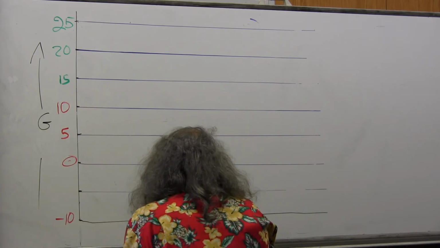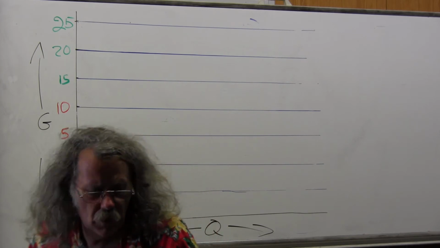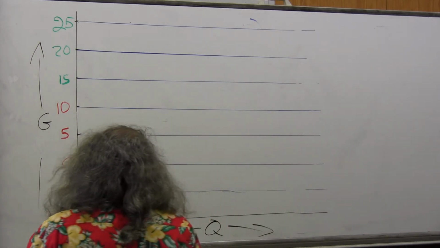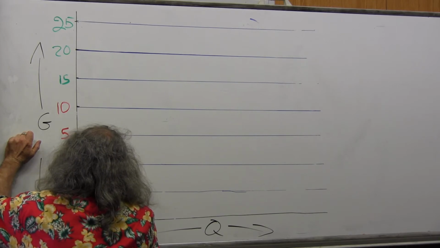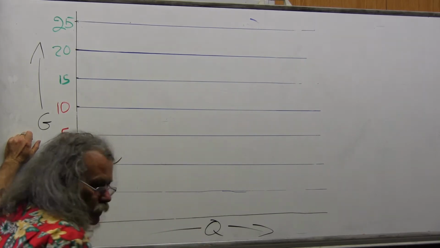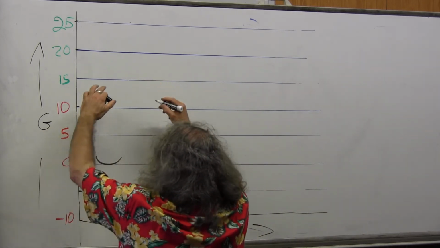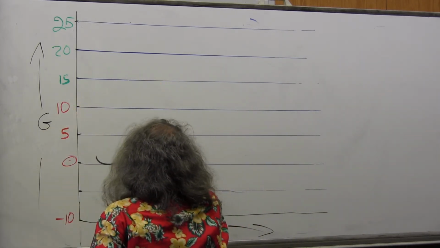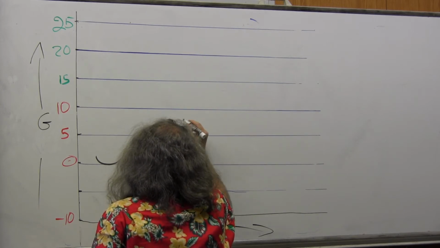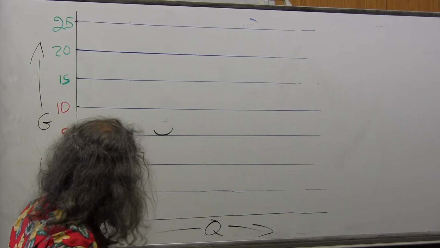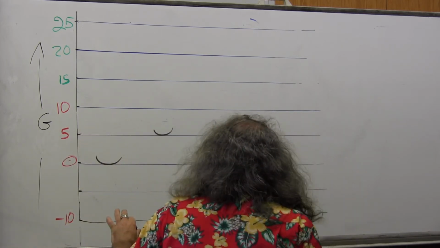So now I'm going to start making my wells. I'll draw the wells first. This is going to be my first well. And then the next well is at 5 kilojoules above it, so I'll draw that here like another happy little smile. And then the next well is at 10 kilojoules.